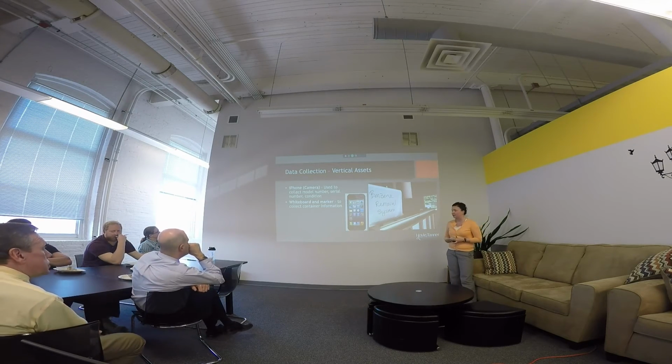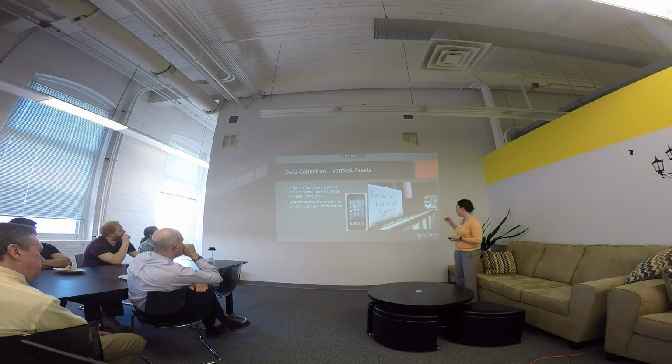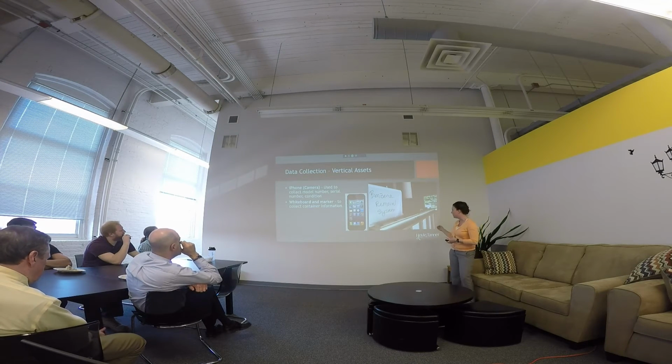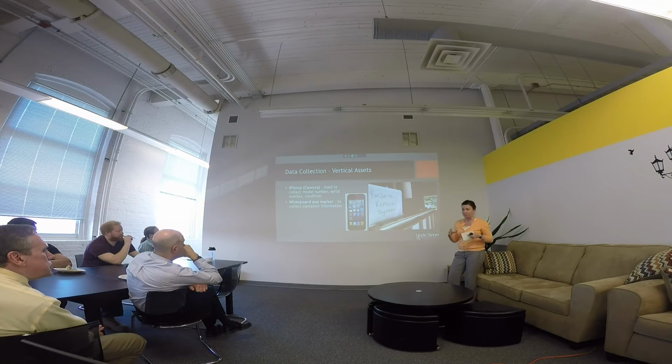the vertical assets in this water system. Basically, this focuses on the benzene removal system, that's in a container in the treatment building. So in order to collect this data, I used an iPhone camera, and I collected things like model numbers, serial numbers.